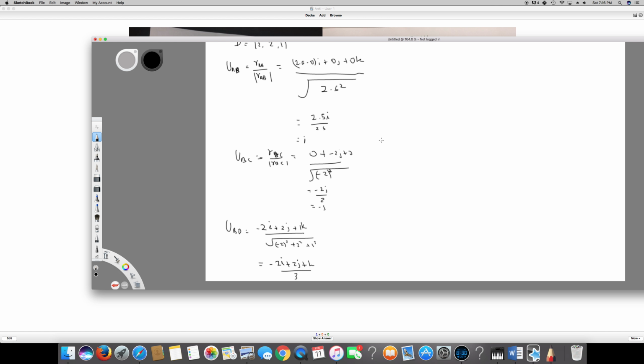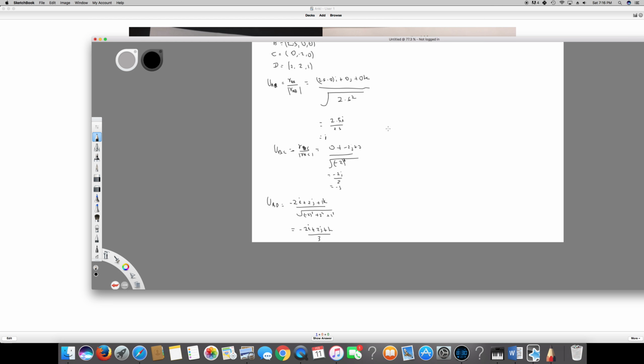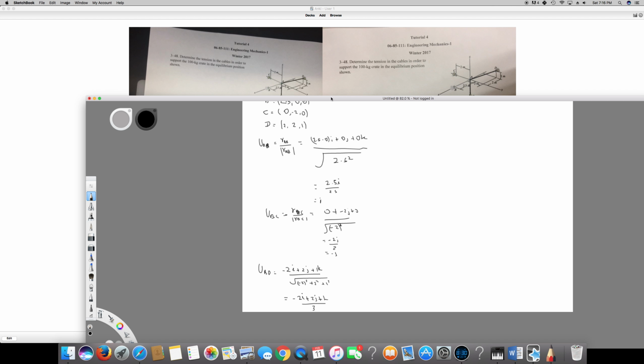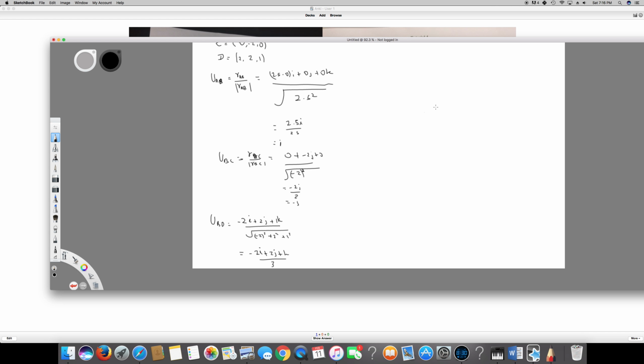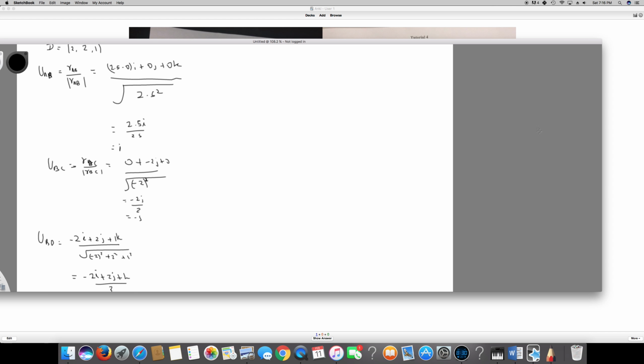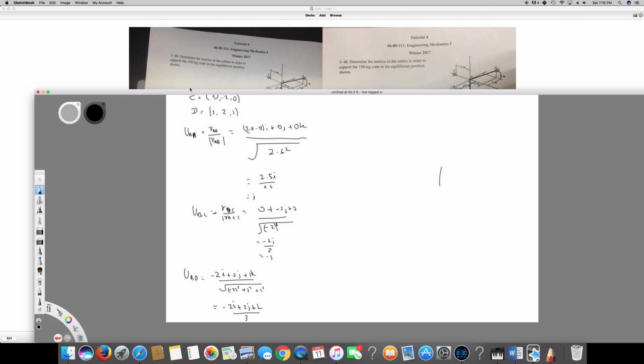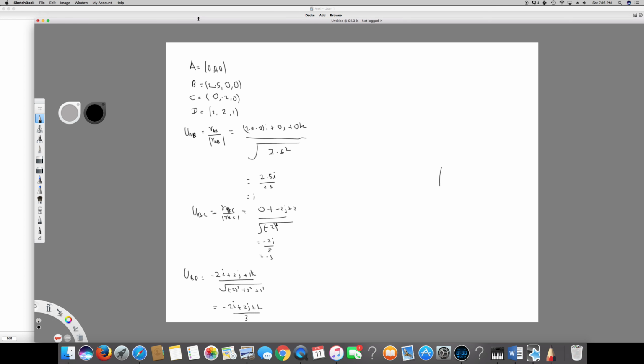From this one I can find the FAB, FBC, FBD. So to do that I have to simply multiply by each force. Okay, here we go.